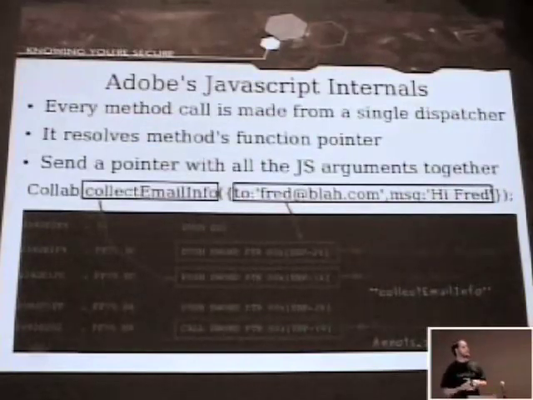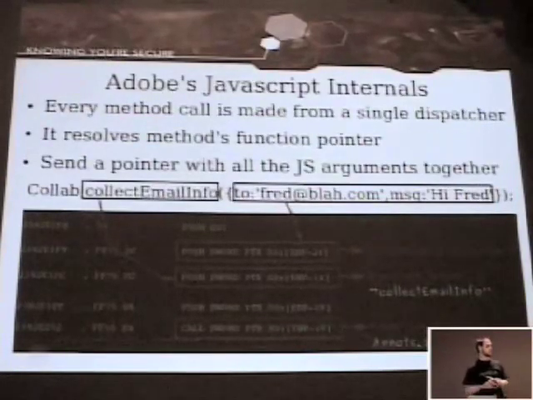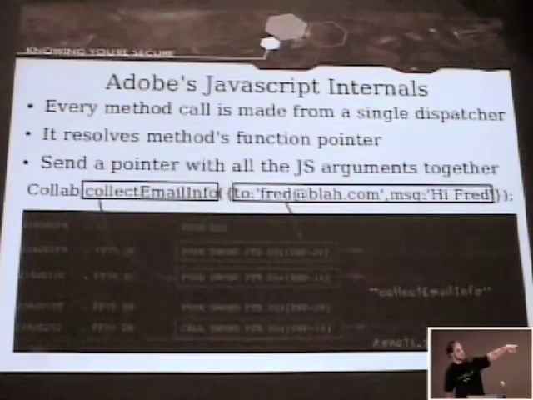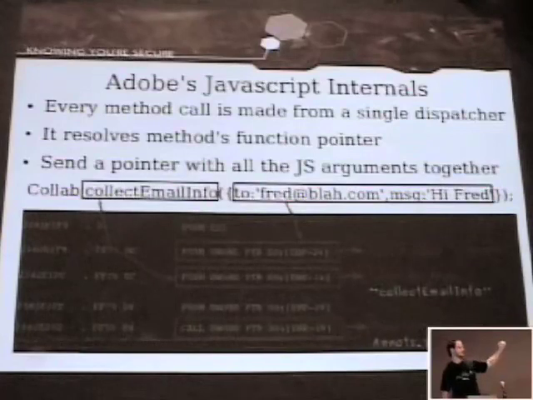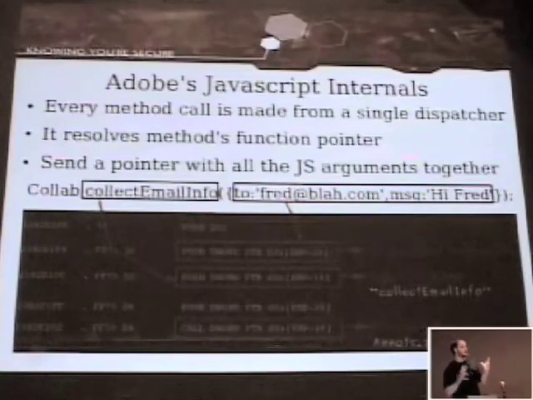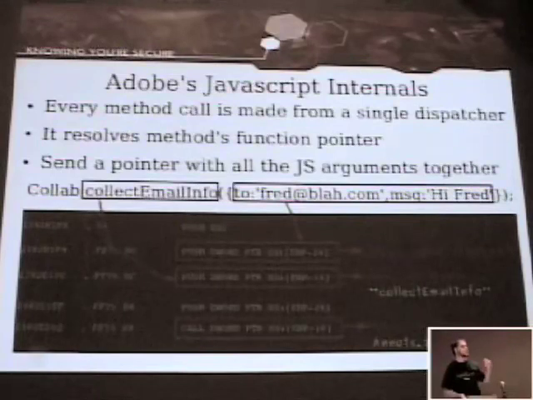Every method call is made from a single dispatcher. Here, the last instruction is a call to the real native function, passing as arguments the function name and a JavaScript object that has an array of arguments.